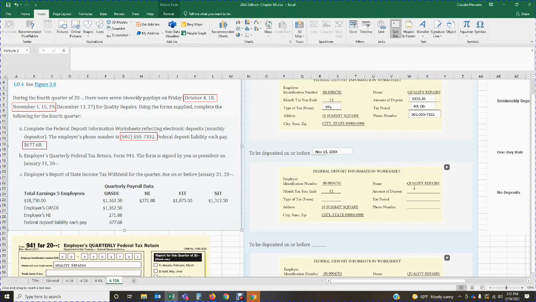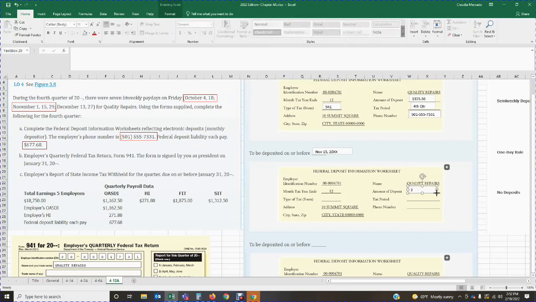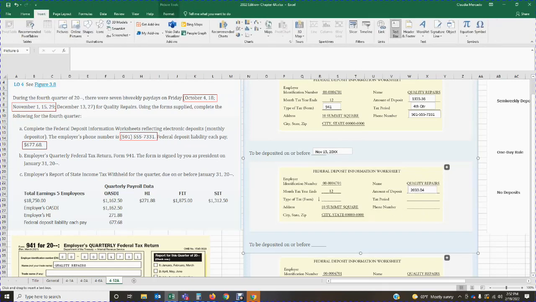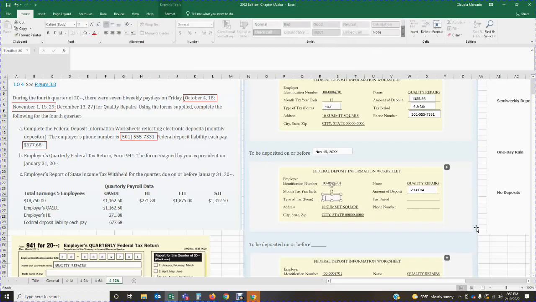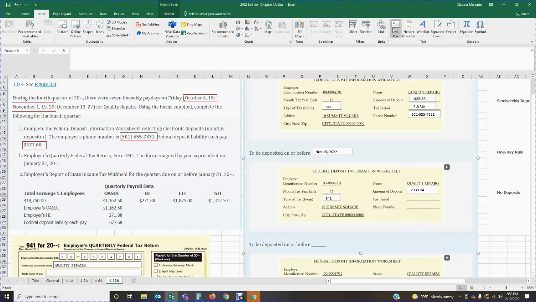Okay. The rest of the information stays the same. The phone number stays the same. The tax form stays the same. The only thing that you basically have to do is calculate the amount of the deposit. And the tax period, that will still be the 4th quarter.